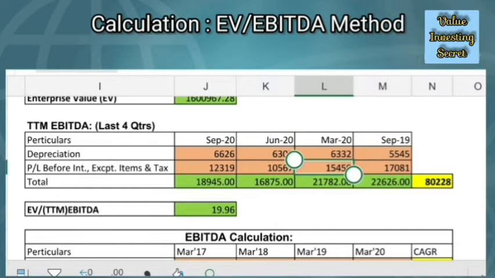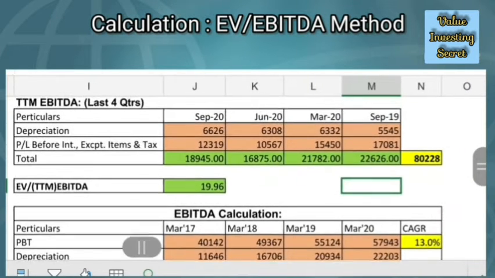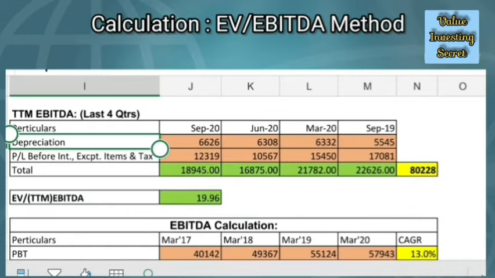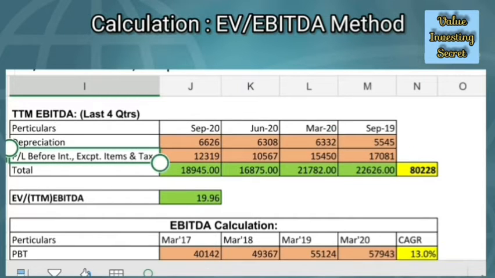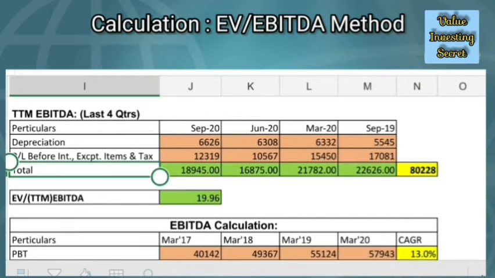Now we need to calculate TTM EBITDA of 4 quarters. So it's better to take the latest value of TTM EBITDA so that our calculation will be more accurate. So for this we need depreciation values and profit and loss before interest, exceptional items and tax values.